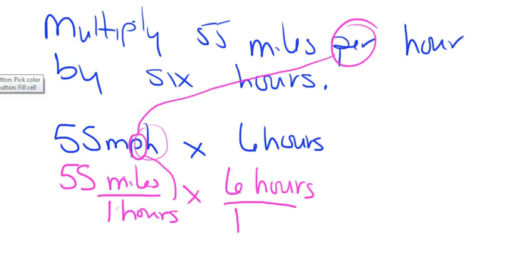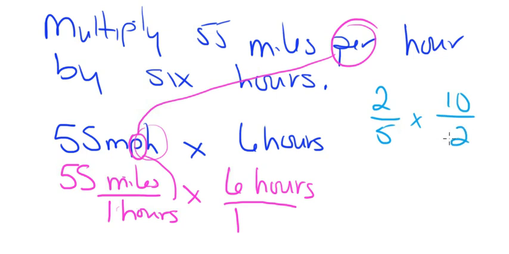If I had this problem up on the board, 2/5 times 10 over 2, do you see where I can cancel this 2 and this 2 because 2 goes into 2 once? Well, hours are like hours, so they cancel out.